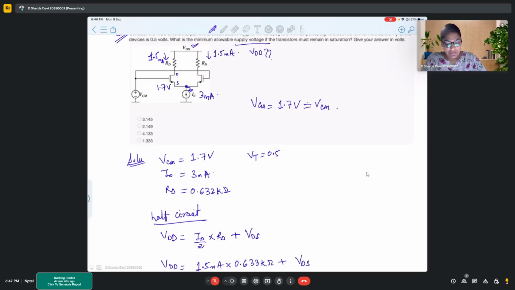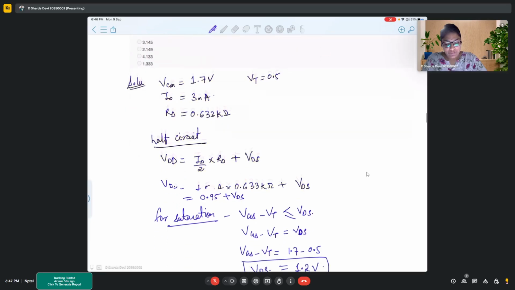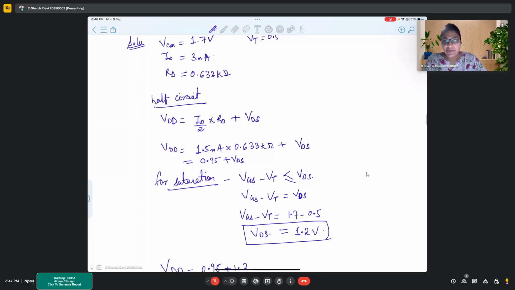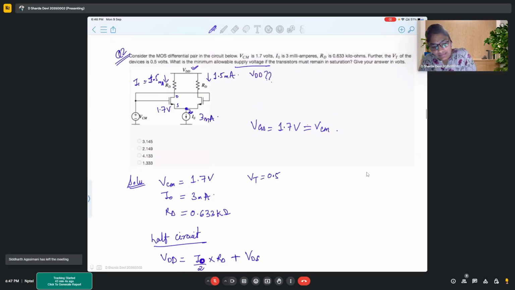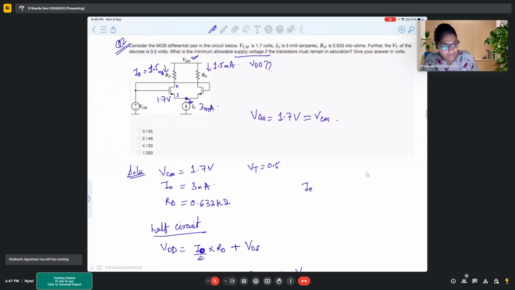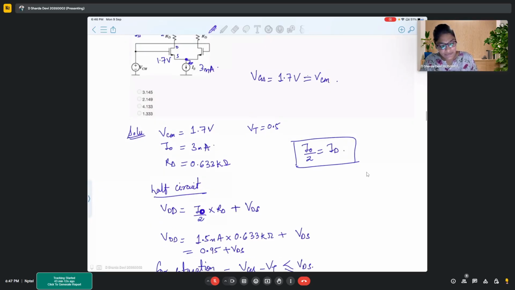Correct? So I simply wrote down the KVL equation: VDD is ID into RD plus VDS. This ID I should write as I naught by 2. So VDD is I naught by 2 into RD plus VDS.